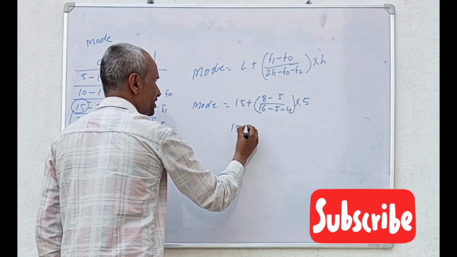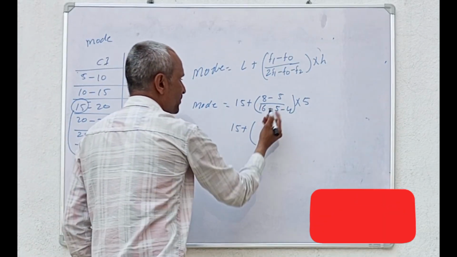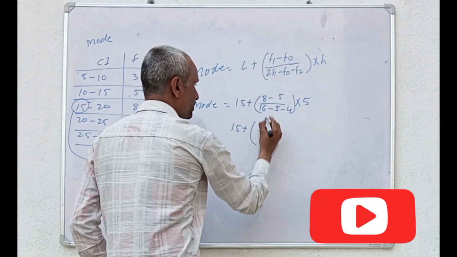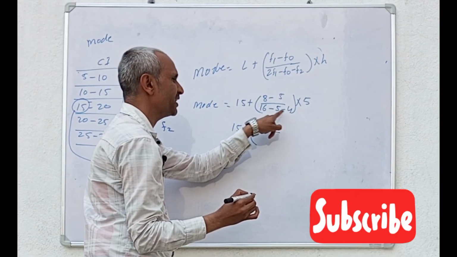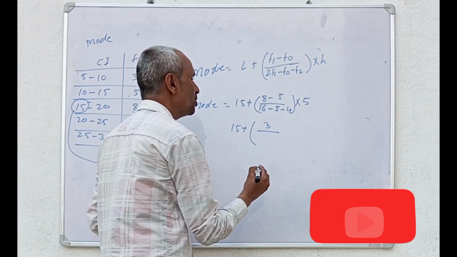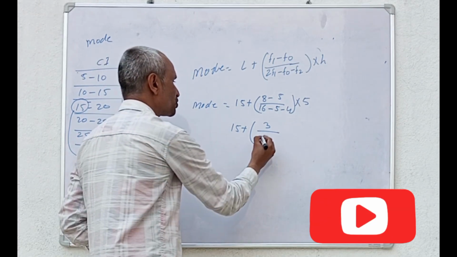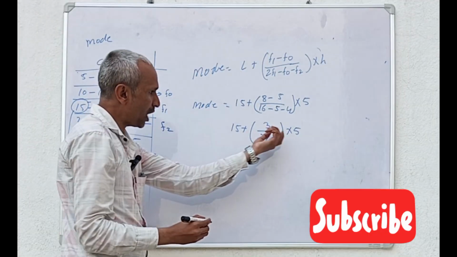Now we are solving. Mode is equal to 15 as it is plus, first break it out to solve. 8 minus 5 is equal to 3, by 16 minus 5 is equal to 11, 11 minus 4 is equal to 7, into 5. Now we can do the multiplication.